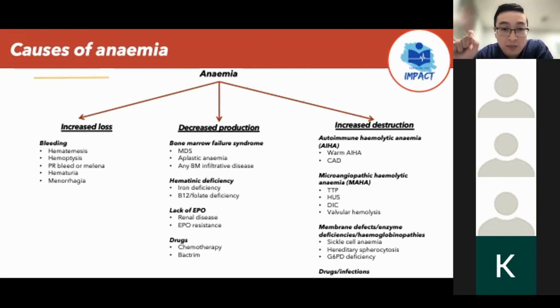Now, in TTP, there's severely reduced activity of ADAMTS13, the enzyme that usually cleaves von Willebrand factor, a polyprotein that's usually anchored in the endothelial cells, into monomers. And so if you don't have enough ADAMTS13, then you have these long seaweeds protruding out of endothelial cells into the lumen, remaining uncleaved.